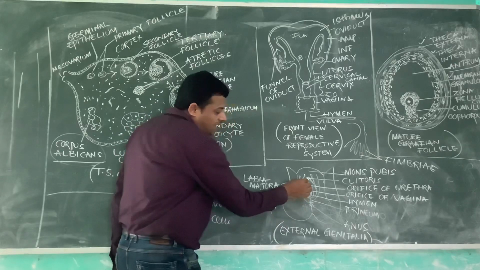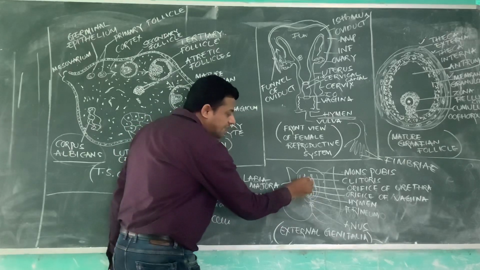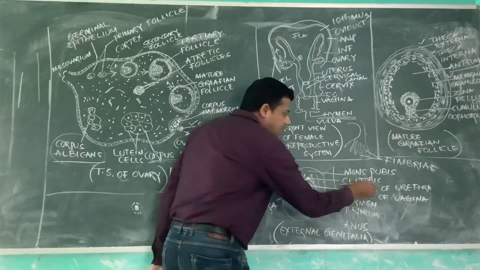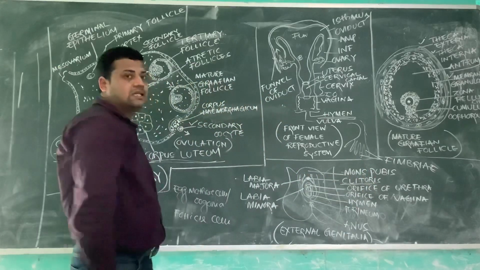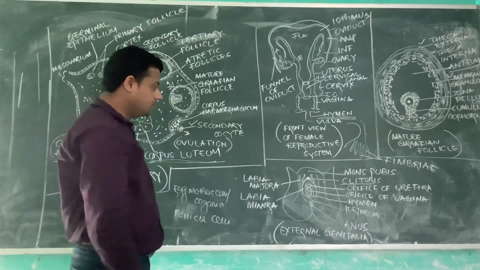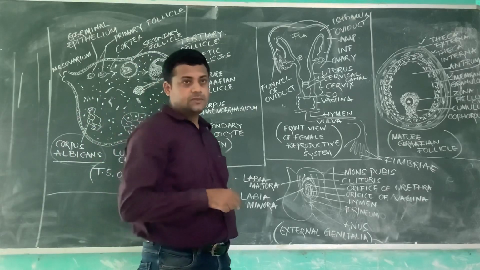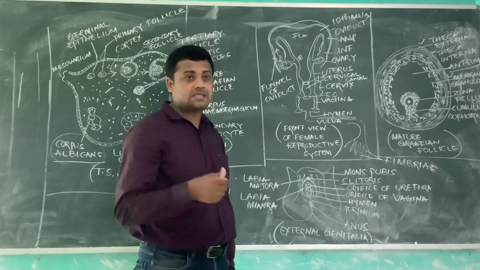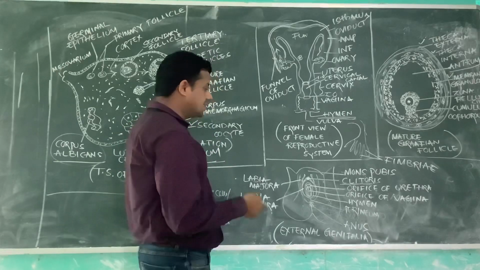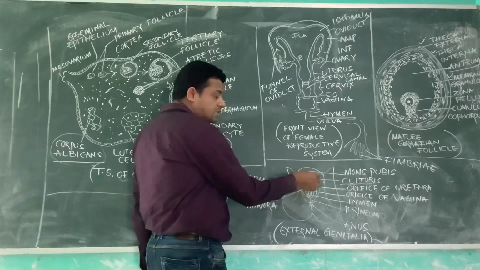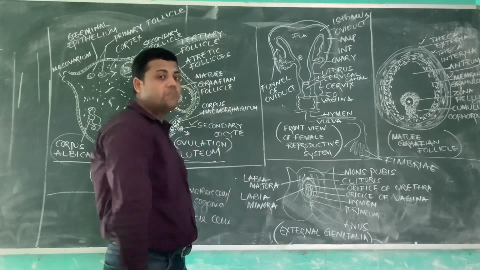At the junction of the labia minora, an erectile tissue is present, called the clitoris. The clitoris is homologous to the penis of the male. At the time of orgasm or sexual excitement, there is erection of the clitoris.